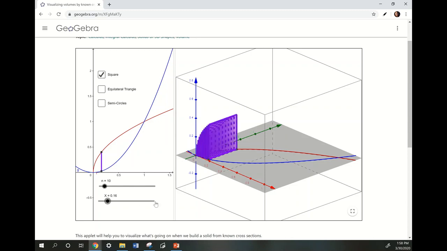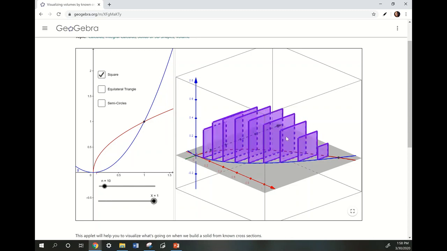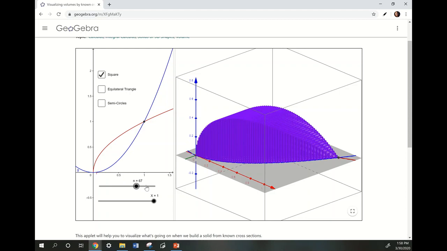Okay. Now what I mean by the base of a solid is you can see that you have these squares, and when you have enough of these squares, it creates a solid figure where every slice, kind of like a loaf of bread, every slice is a certain shape. And in this case, every slice is a square.